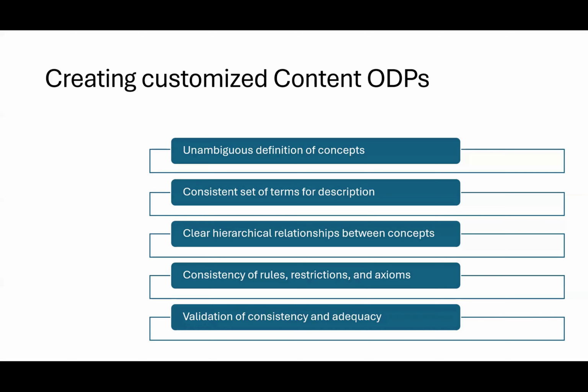Then we clarify the hierarchical relationships between all the concepts. Then we prove that we follow the consistency of these rules, the restrictions and axioms, and we don't have any information that is controversial to other pieces of information in our storage, and we validate our system.